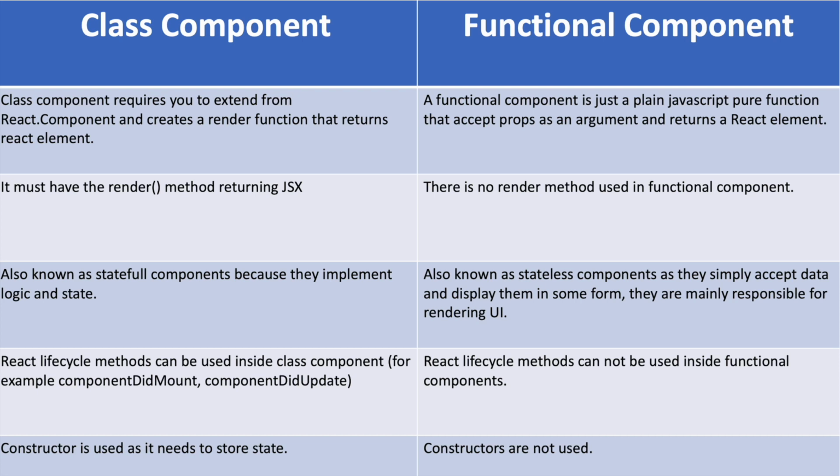Functional components are just plain JavaScript pure functions that accept props as an argument and return the React element. So no render function is required. It is just a plain JavaScript function which is used to do any specific task. Next, a class component must have the render method return JSX. So there is no render method in the functional component.